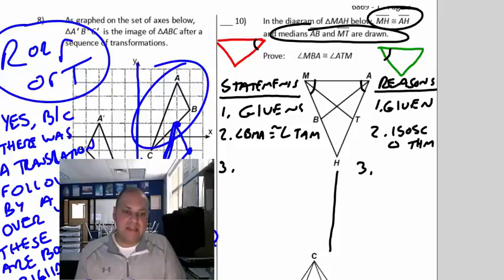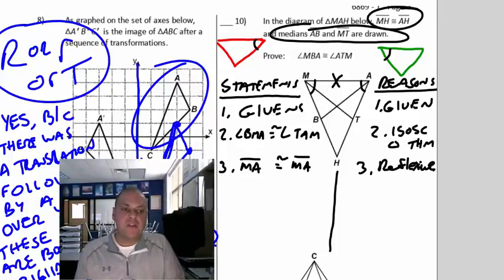Now we got medians. Actually, let's do this first. We got the shared side, MA. MA is congruent to MA, and that's the reflexive property. I'll just put reflexive. You should write reflexive property. So we have this congruent to this. And then the last thing we have is from the medians, right?